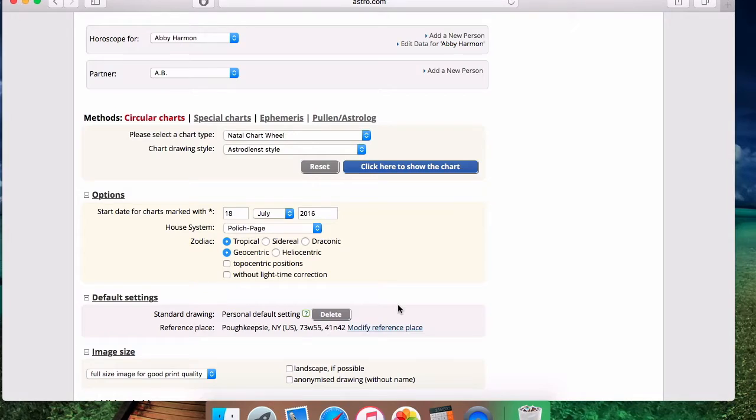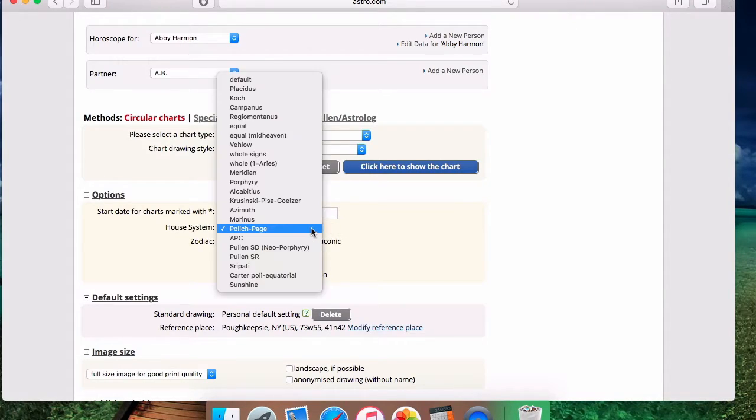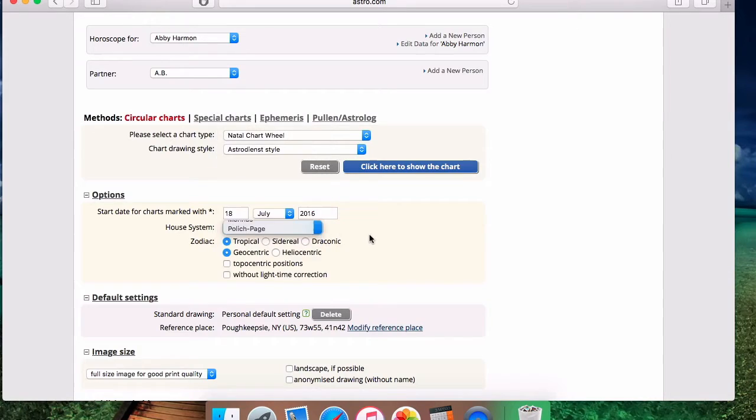I just wanted to make a note here. House systems, the default that you would normally come to is going to be the same thing as Placidus. That's the most commonly used one. And the only reason mine comes up as Pollock Page is because I have my own defaults set a little bit differently according to my preferences.